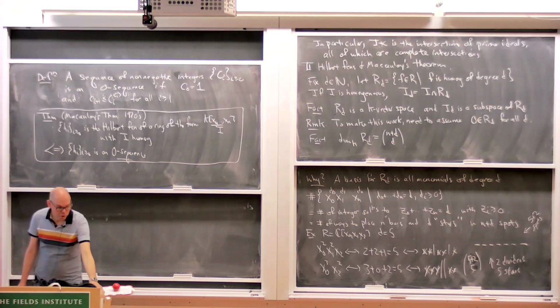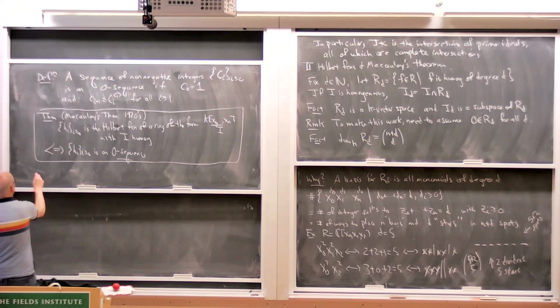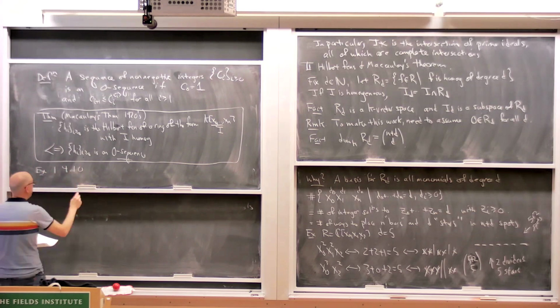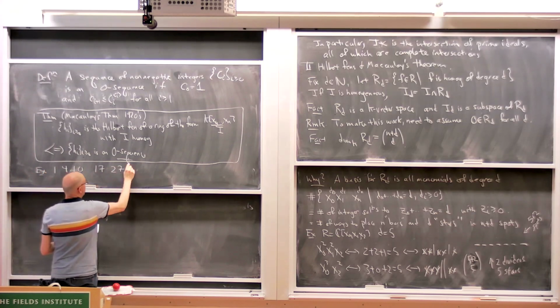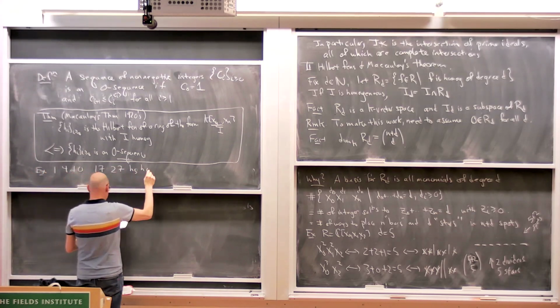Let me just show you the power of this. For example, somebody on the street in Toronto, or maybe in Niagara Falls, came up to you and said, here's 1, 4, 10, 17, 27, H5, H6.